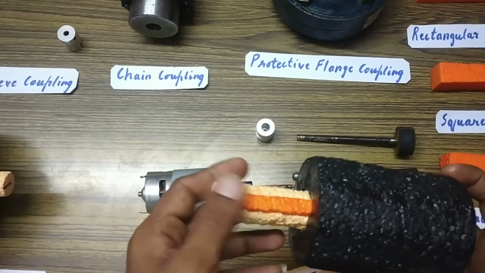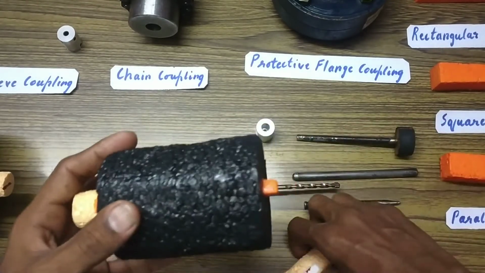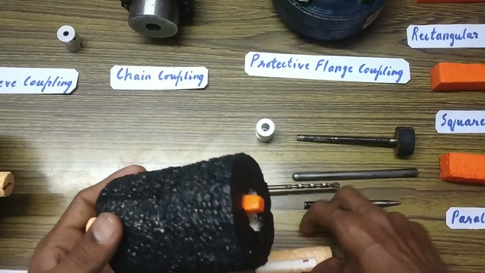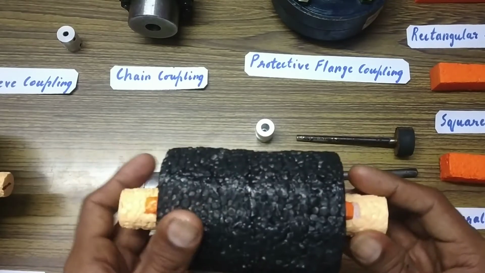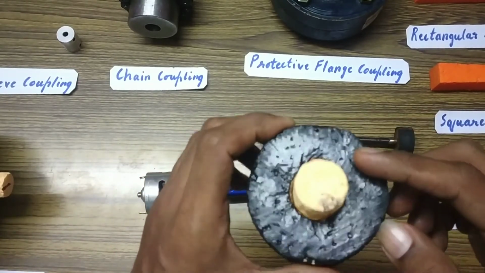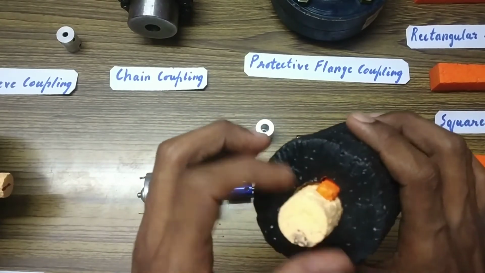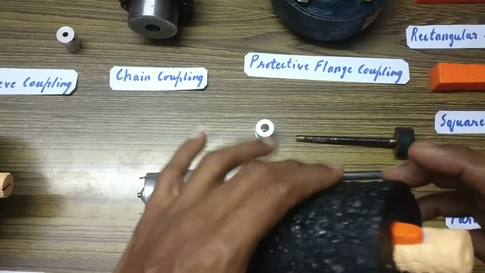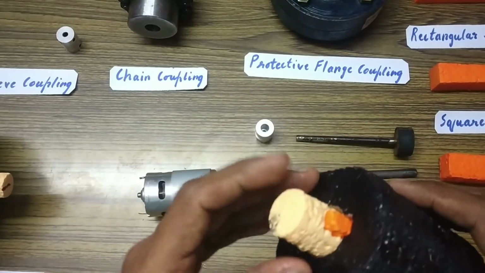The shaft and the key together go into the sleeve. This is a sleeve. It is inserted here, and then fits the other shaft. So this key is fitted here to prevent relative motion between the shaft and the outer sleeve. So here you can see, just remember the parts.